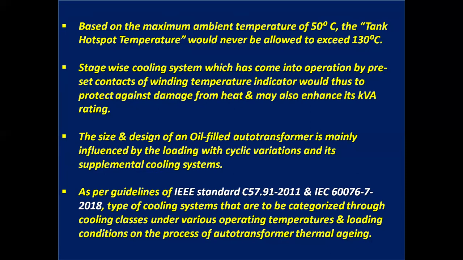As per guidelines of IEEE standard C57.91 2011 and IEC 60076-7 2018, types of cooling systems are to be categorized through cooling classes under various operating temperatures and loading conditions on the process of autotransformer thermal aging.